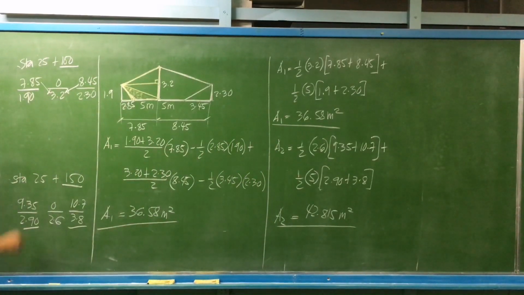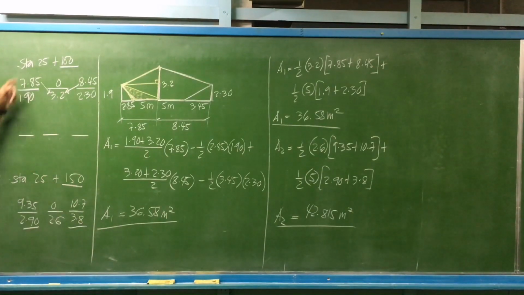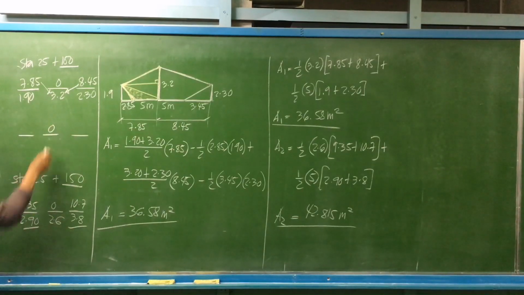We also need the area mean, which is the average of all the readings from station 1 to station 2. Averaging at the center: 3.2 plus 2.6, divided by 2, is 2.9.